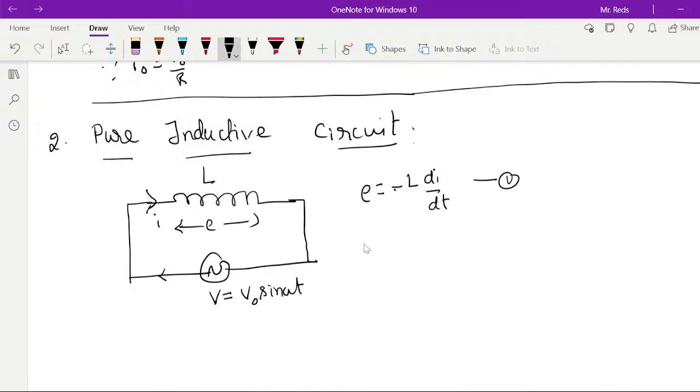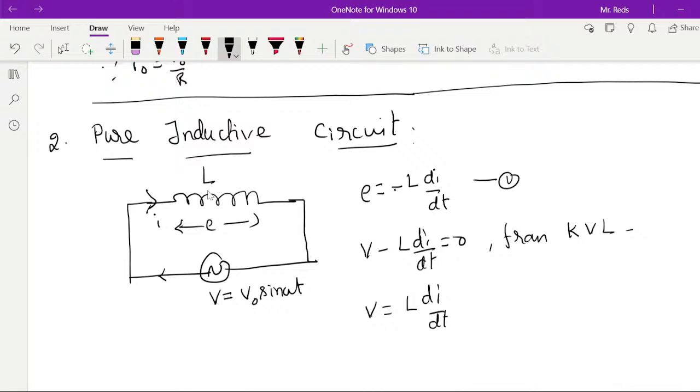So V minus L into di by dt is equal to 0 from Kirchhoff's voltage law. Now this further you can write as V is equal to L into di by dt.